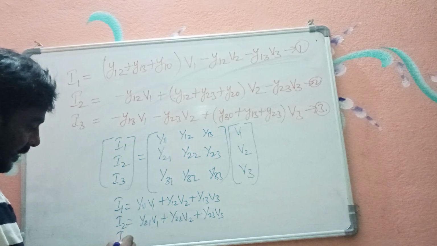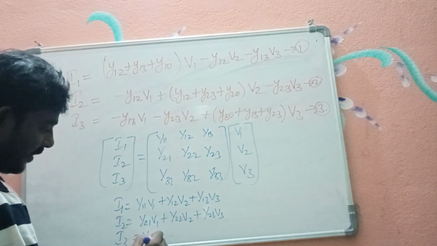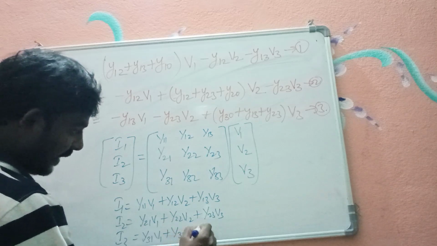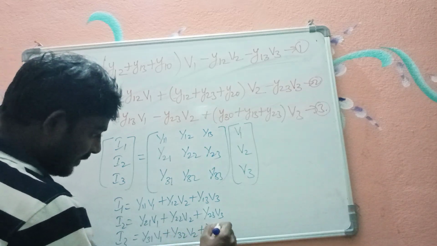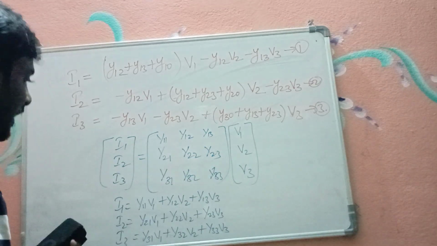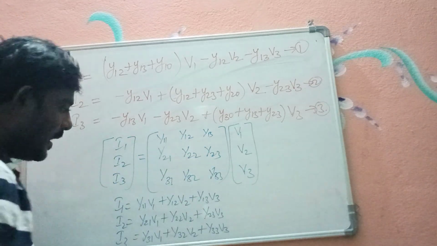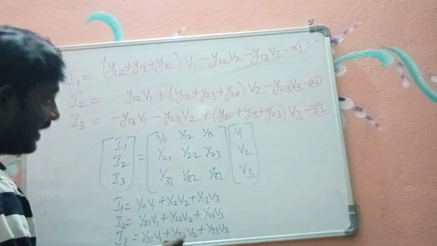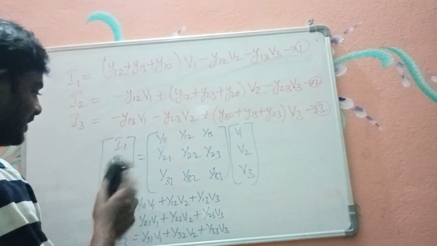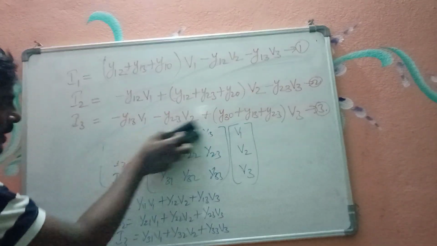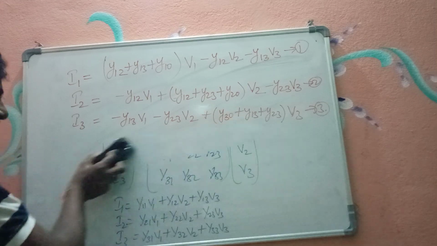Similarly, for I3, y31 V1 plus y32 V2 plus y33 V3. From this performance equation in the bus frame of reference, I got these equations. Now I compare these three equations with the above three equations in order to obtain the different parameter values, meaning the matrix values.